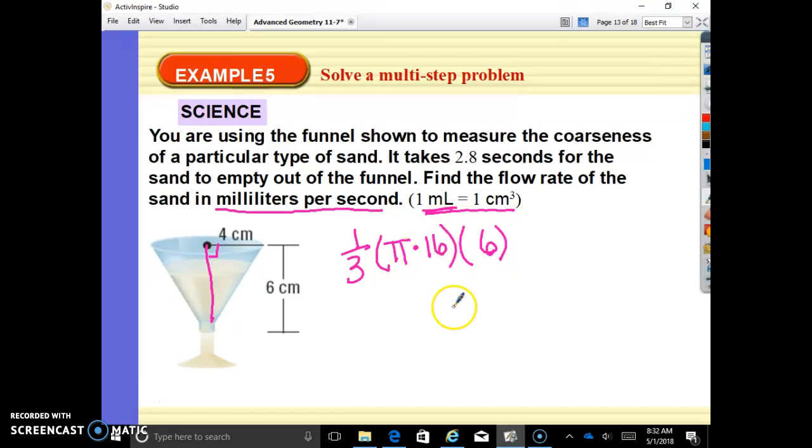All right, so 6 divided by 3 is 2. 2 times 16 is 32. So we're dealing with 32 pi milliliters, right? And we want this in milliliters per second. So it takes 2.8 seconds for it to empty out. So divided by 2.8. We don't want 2.8, we want 1. So we're just going to divide by 2.8 on the top and bottom.